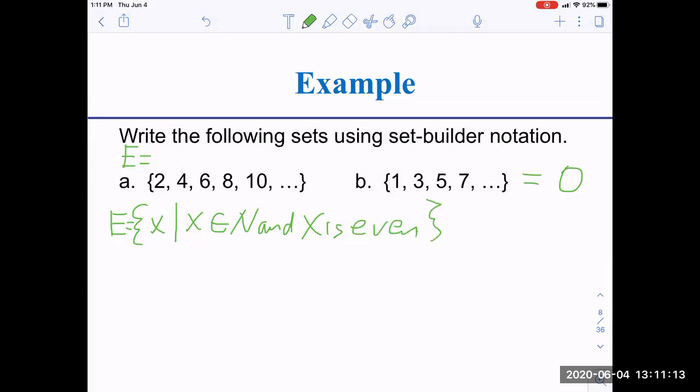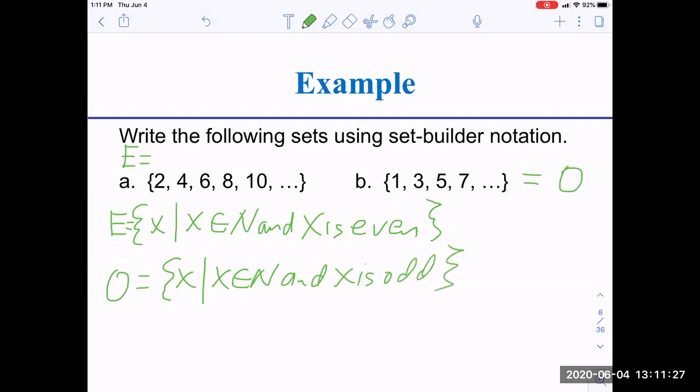I could do O. O is the set of X such that X is an element of the naturals and X is odd. That describes both of my sets.